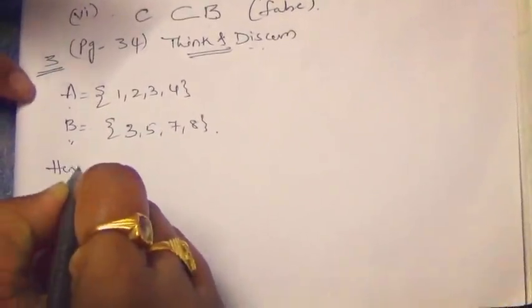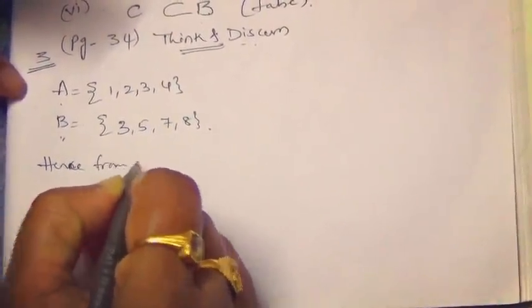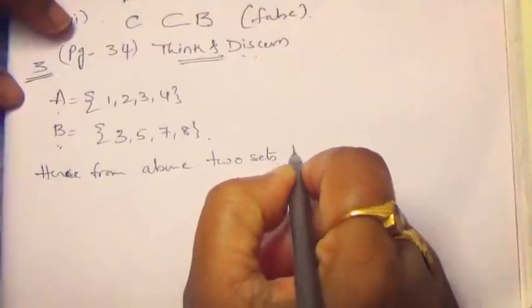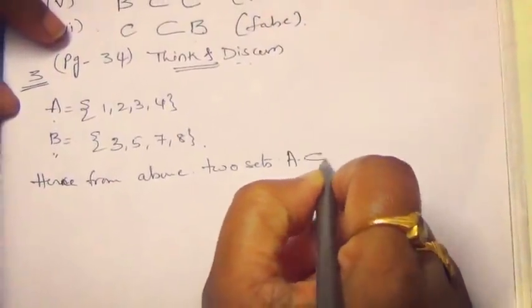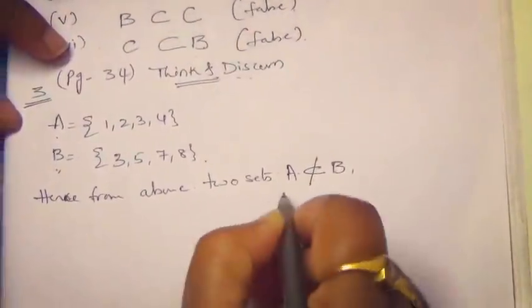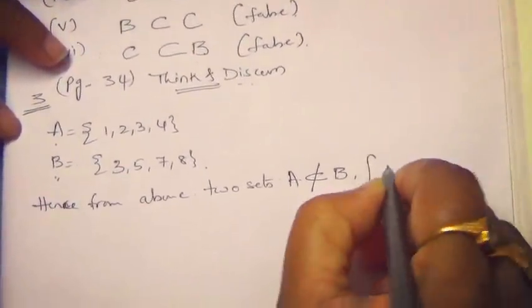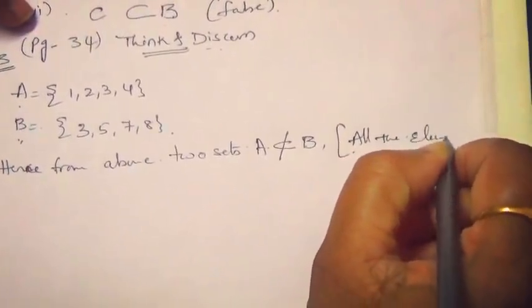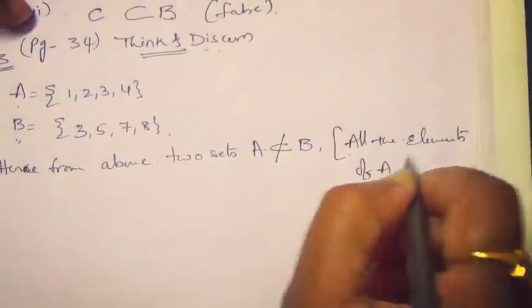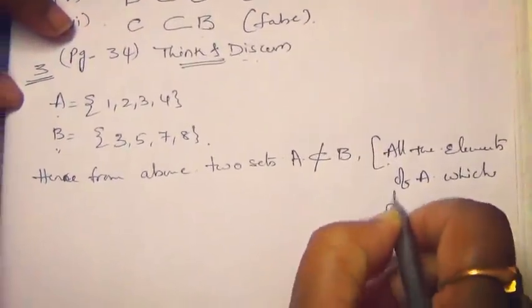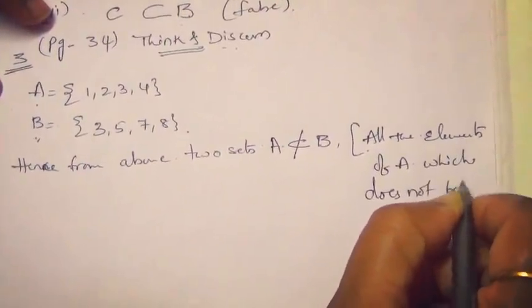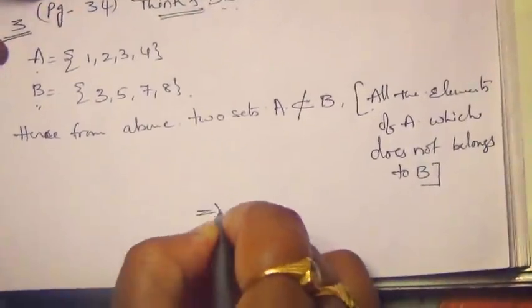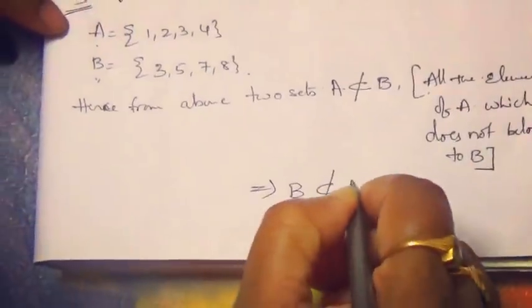So hence from the above two sets, A is not a subset of B because all the elements of A do not belong to B, and also B is not a subset of A. Why?